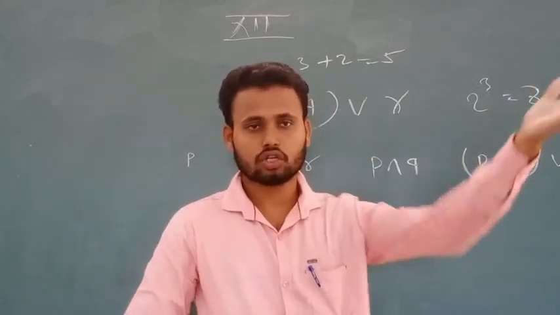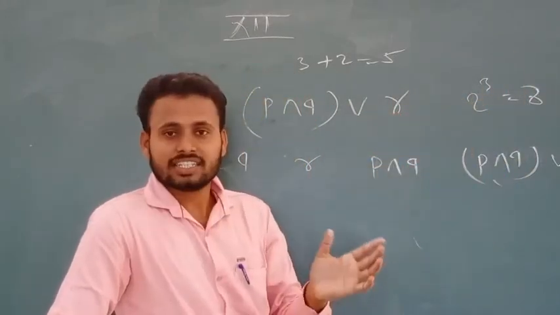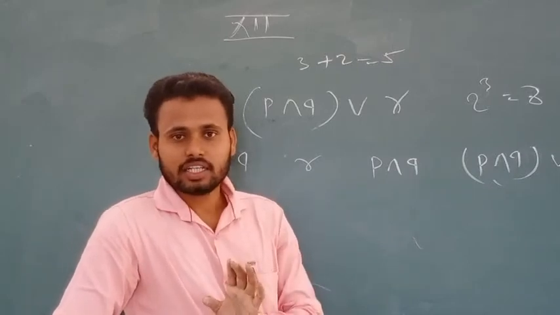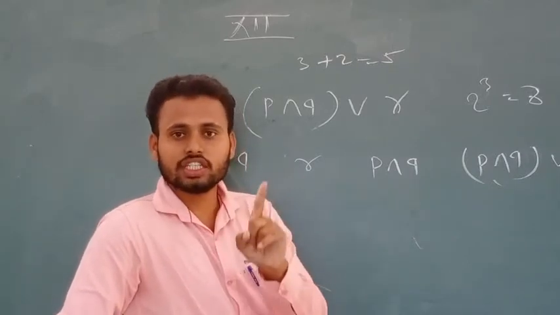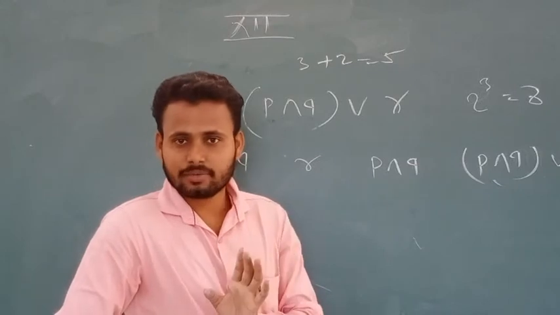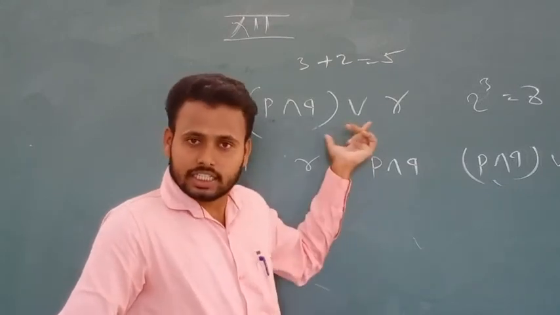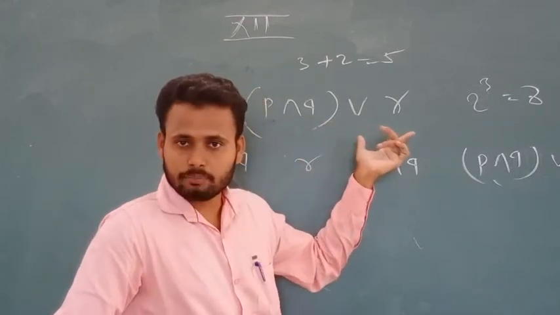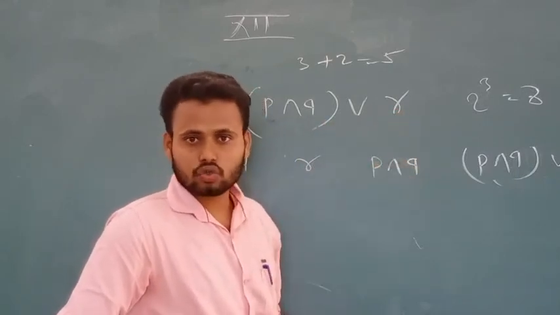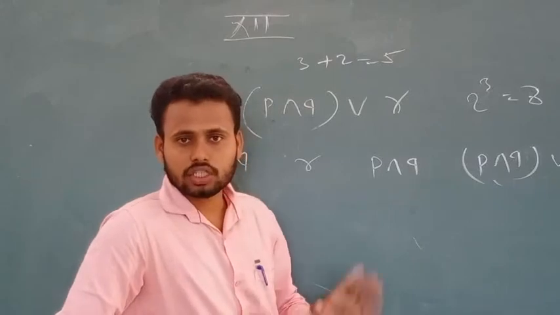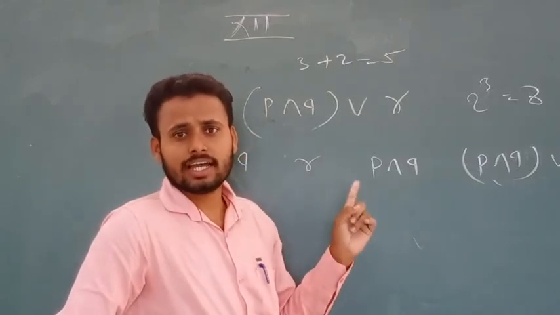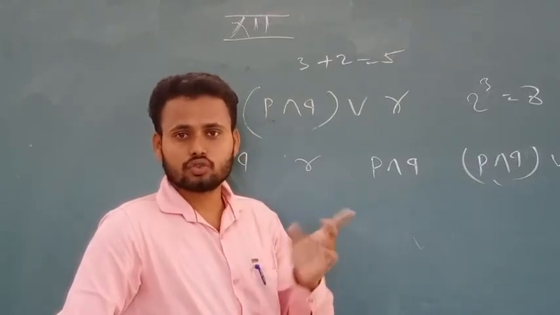There are two notes. What is the first note? If a statement pattern involves n component statements, then the truth table involves how many rows? Therefore in that truth table we involve 2 raised to n rows.